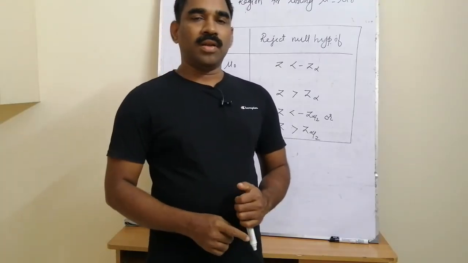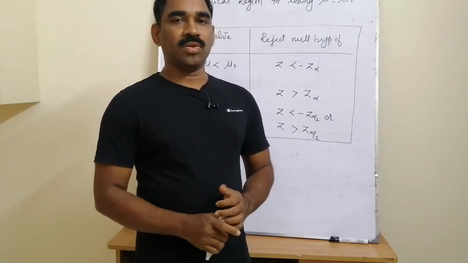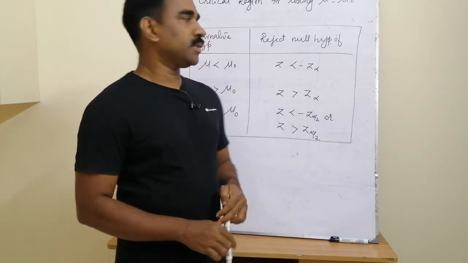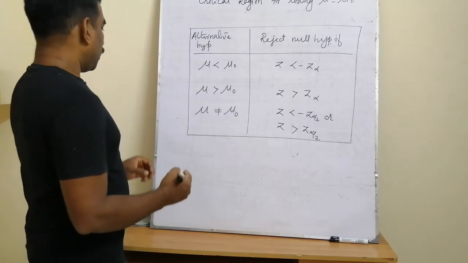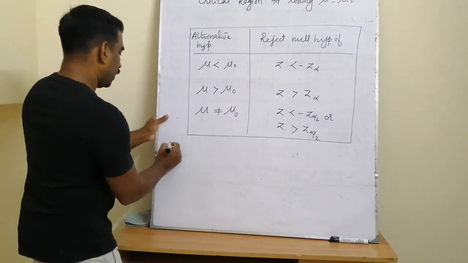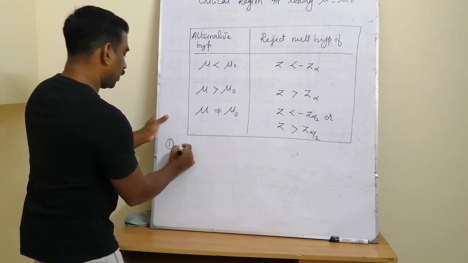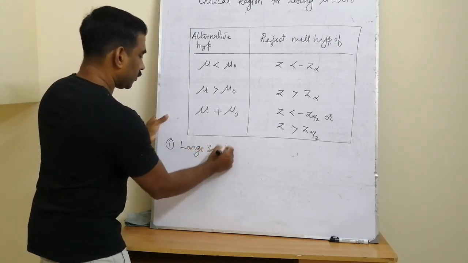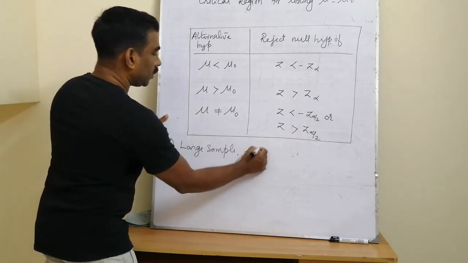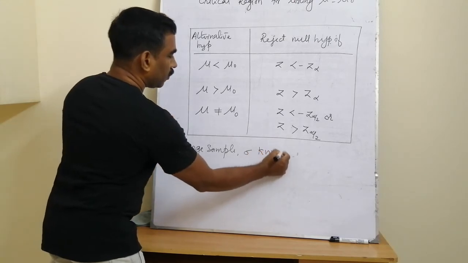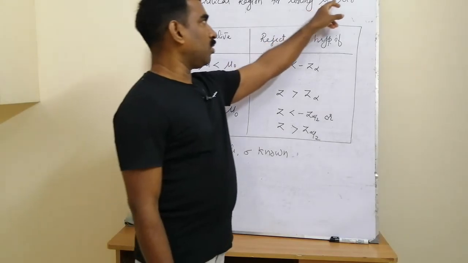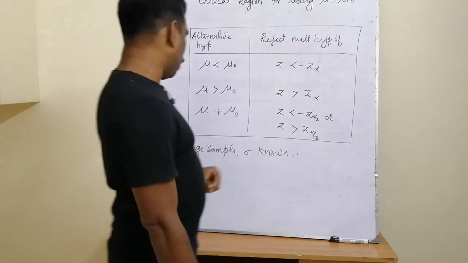Next we are considering what are the different types of test statistics or sampling distributions we are using and what are the corresponding critical regions. Suppose we are using the first type of testing as normal test for large samples, large sample with sigma known, and we are testing the null hypothesis mu is equal to some specific value mu naught.